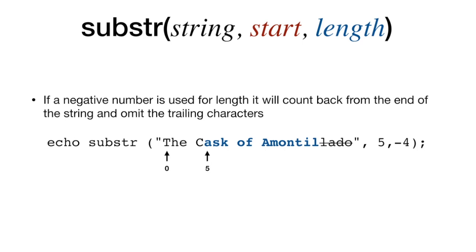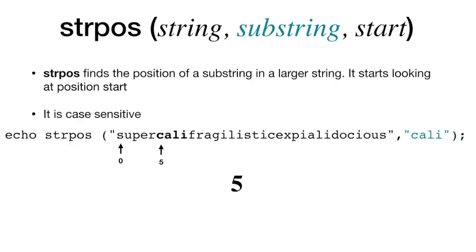Now, another thing we may want to do is find something inside a string. So strpos, or string position, as I like to call it, finds the position of a substring inside a larger string. And it starts looking at the position start, if it's specified.